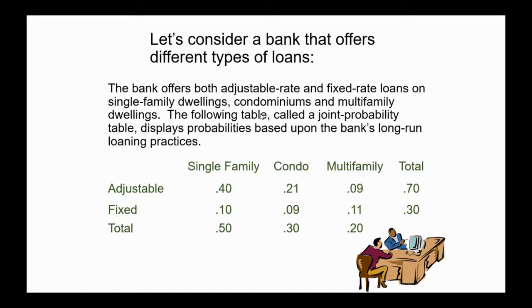The following table, which we call a joint probability table, displays probabilities based on the bank's long-run loaning process. So 40% of their loans are single-family adjustable. 21% of their loans are condos, adjustable, etc.